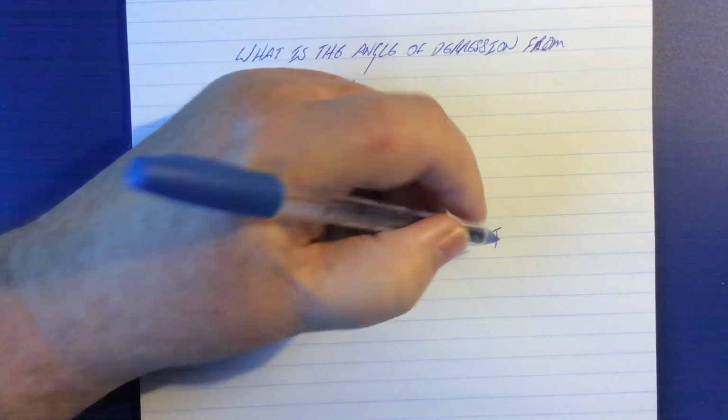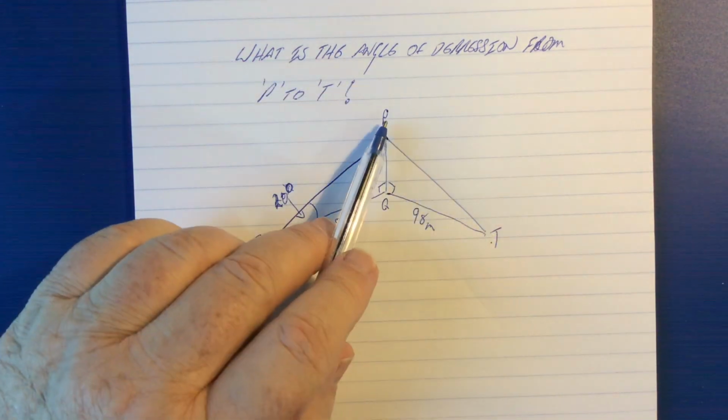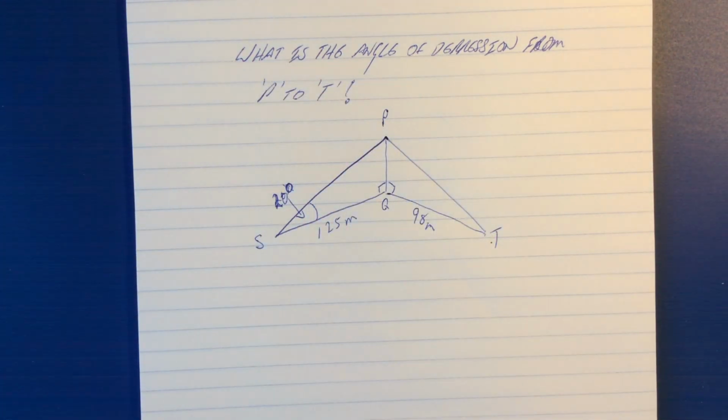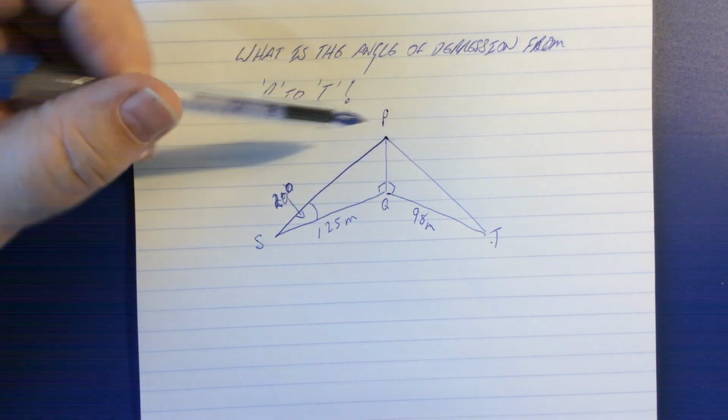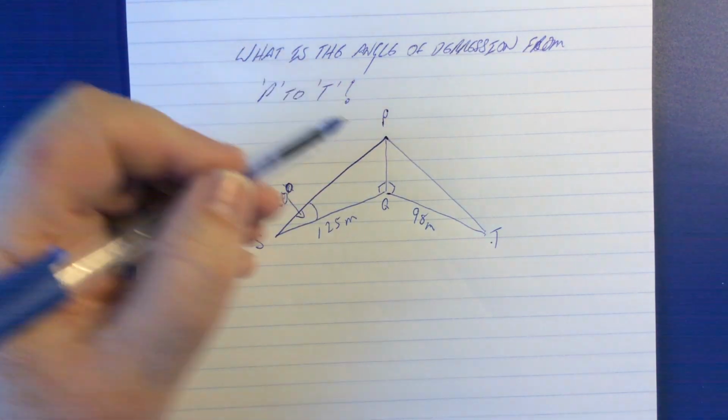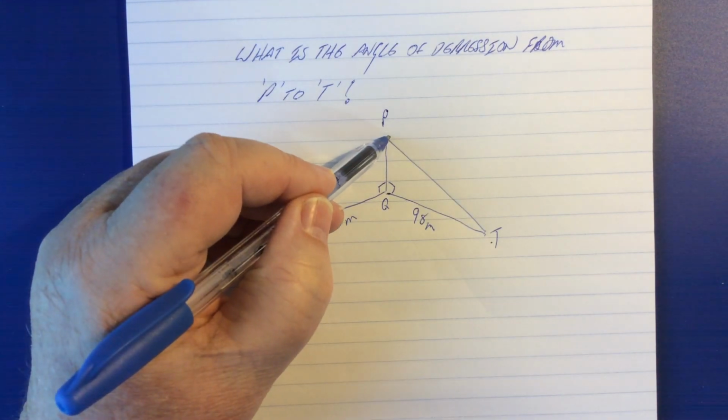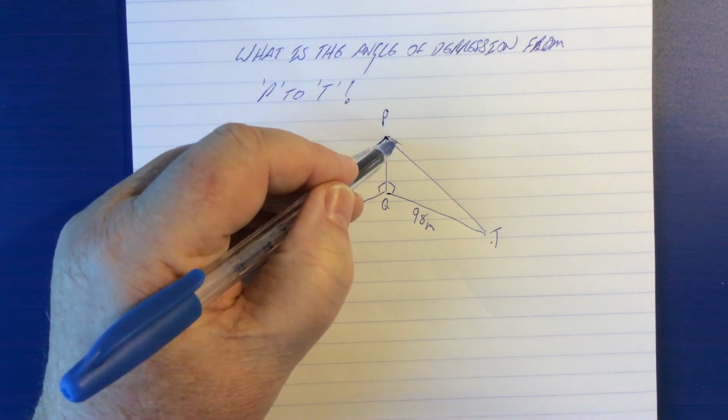And the point we're concerned with is this, with respect to that. So, what do we need to know? Having drawn the thing, I've already established what I'm going to need to know to find the angle of depression.